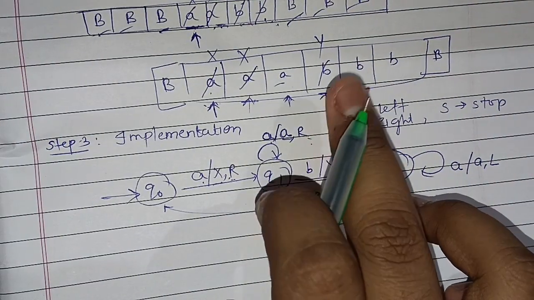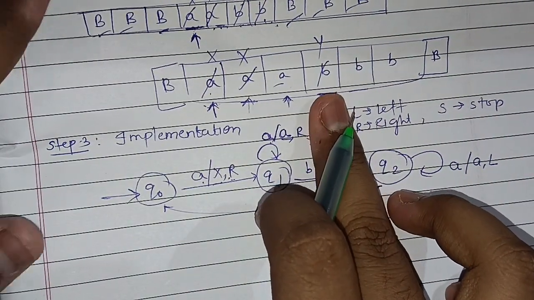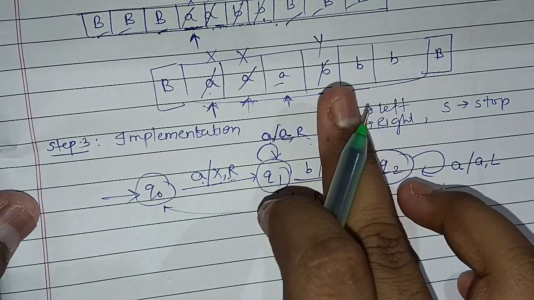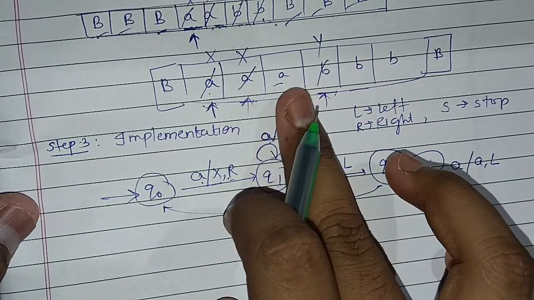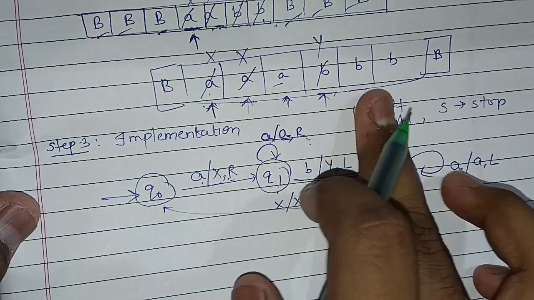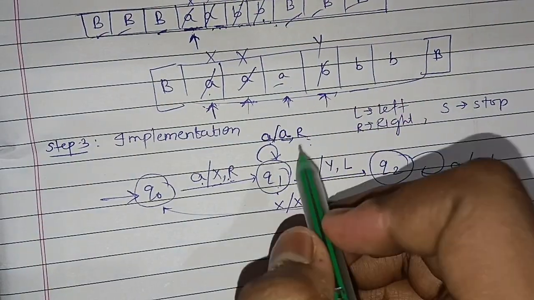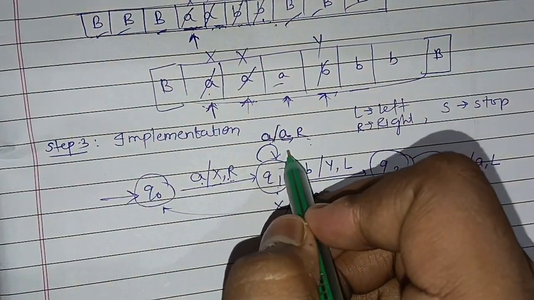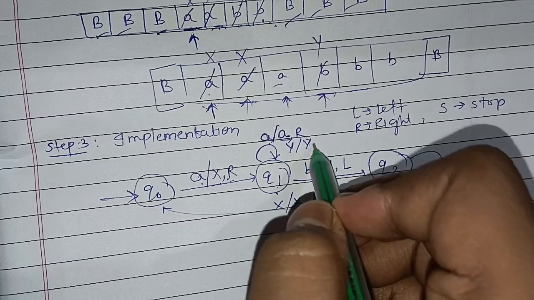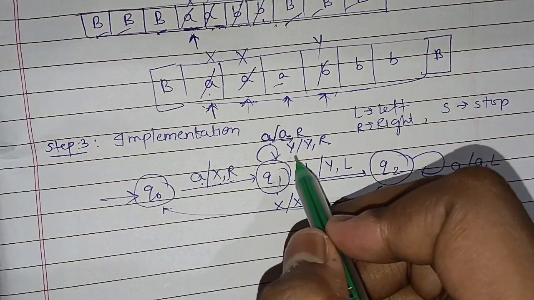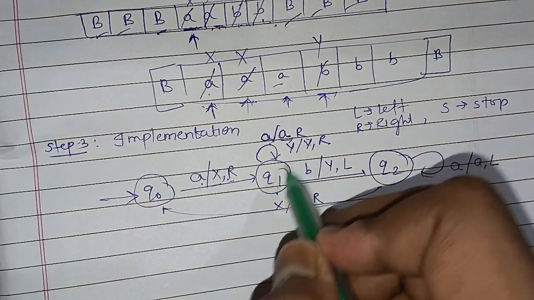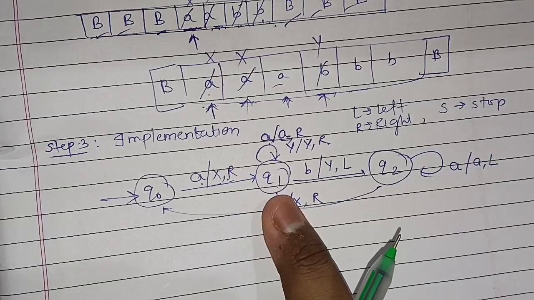What we will do, we have received y, now we will go again right, because in the left of y there will be no b, there will always be b on the right of the y. That's why I will say, in q1 only, when you receive y, keep it as y and move right. Okay, this transition is of this only.